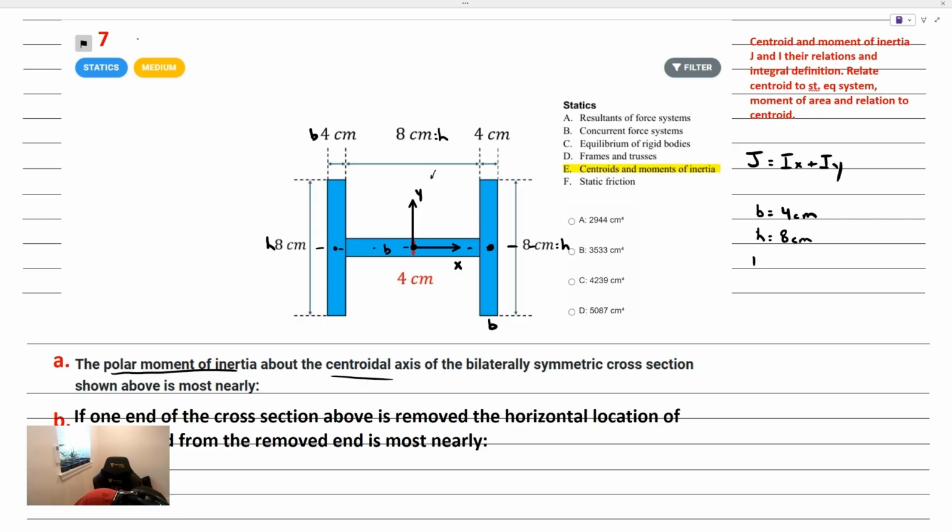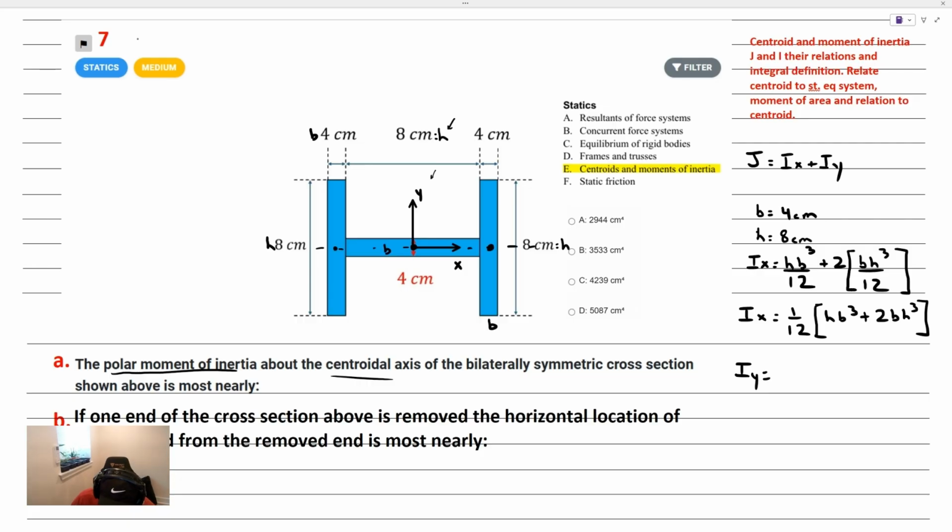So the moment of inertia about the x-axis, which is shared by all of these bodies, is equal to, for that central shape, hb cubed over 12. That's this center shape right here. Base times height cubed over 12 plus, and then these other two shapes will just be doubled because they have the same moment of inertia, and that's just bh cubed over 12. So Ix is just going to be that sum.